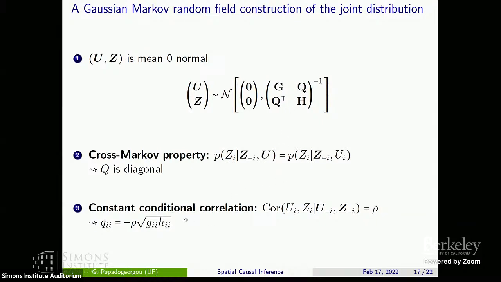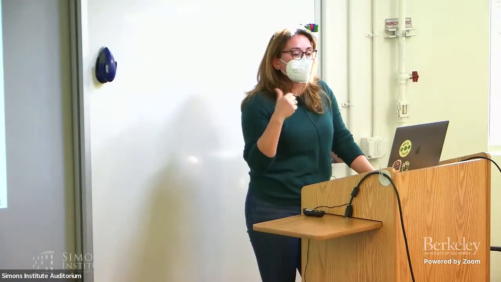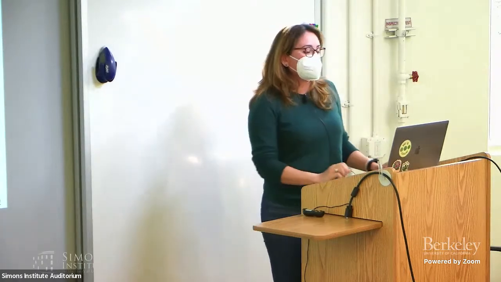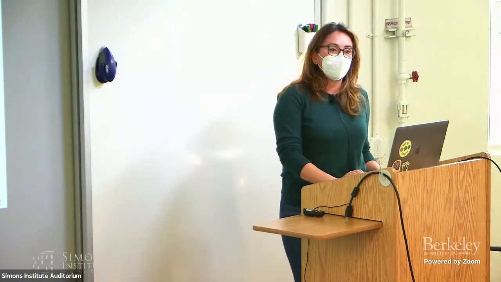We also assume that the correlation between U and Z, conditional on everything else, is constant across the locations. Now, both of those can be relaxed, but the more you relax these, the more efficiency you lose. I am not going to talk too much about this because hopefully, if I have time, I will describe them when I show you a graph.